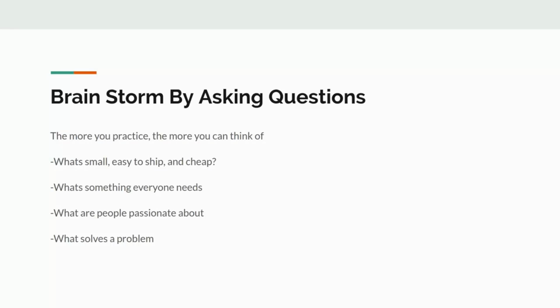Another way is, what are people passionate about? If you watch any of my other videos, these are good ways to find niches to test in your general stores by asking yourself what people are passionate about. But then you can also find more specific winning products. For example, people are passionate about their pets, and they're much more likely to spend something on their pet than on some random product that nobody else is ever going to buy.